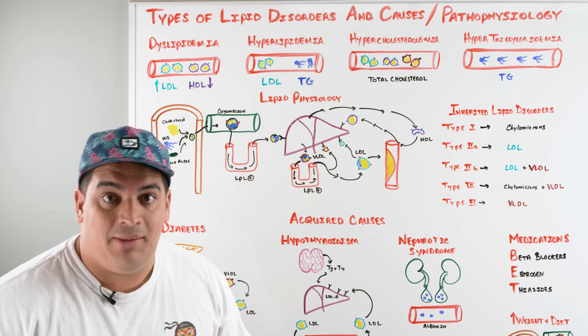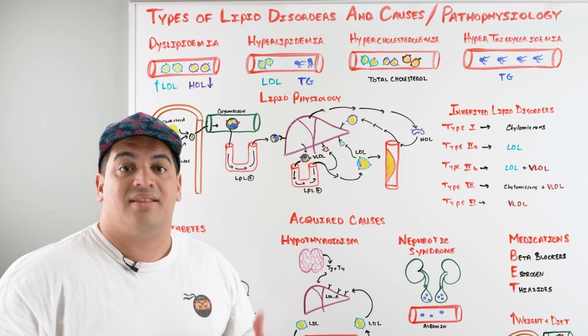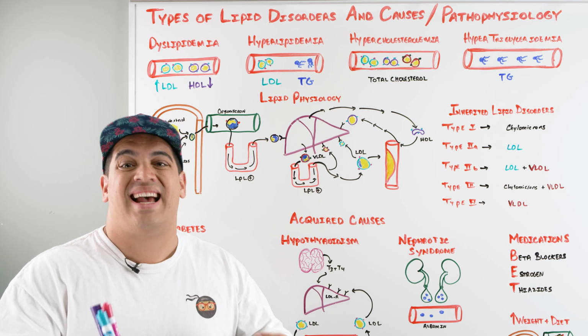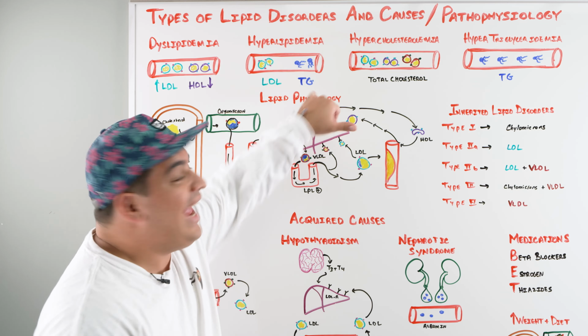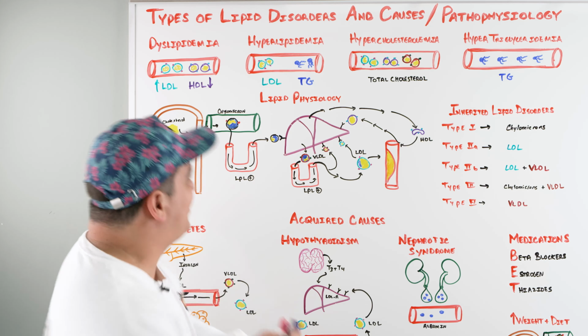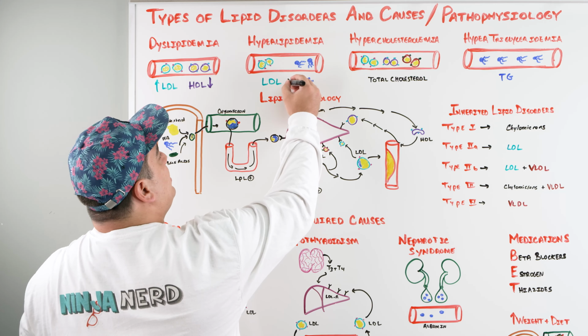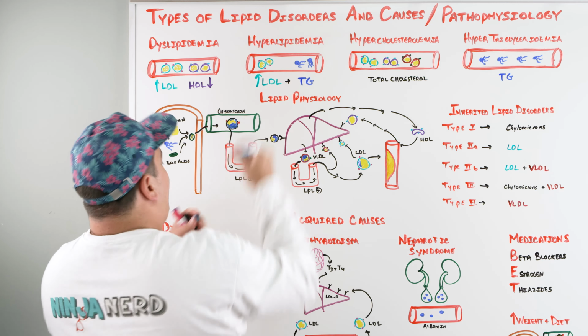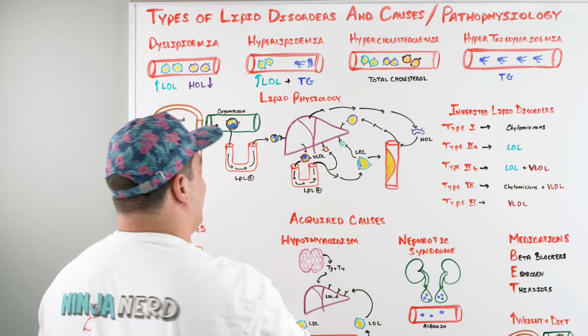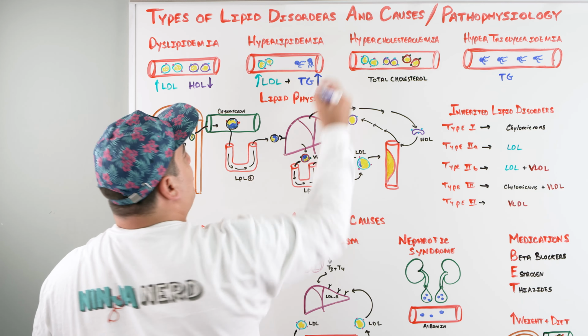The other one is hyperlipidemia. Hyperlipidemia is when there is an increased concentration of lipids inside of the bloodstream, and that includes an increase in LDL and an increase in triglycerides. That's your hyperlipidemia.